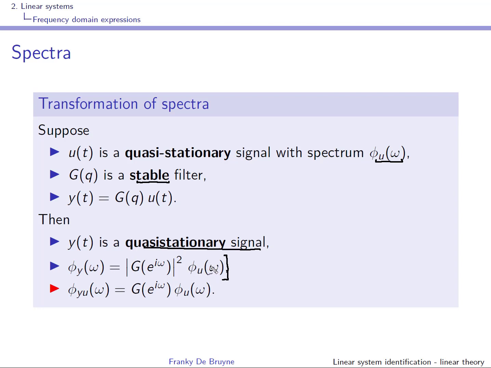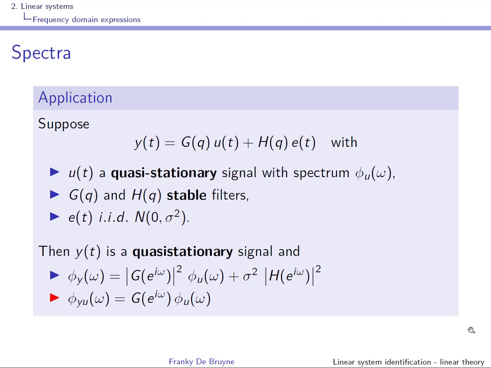So you can influence the spectrum of y by influencing u, and depending on G, there might be regions of frequency where you either will amplify the energy that you have in u or attenuate the energy that you have in u.